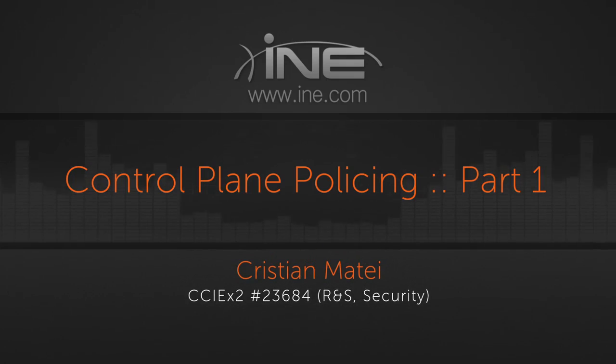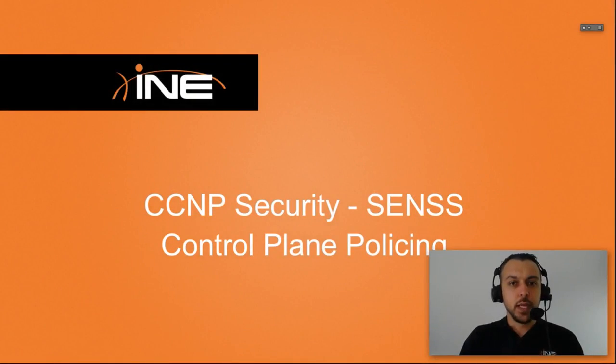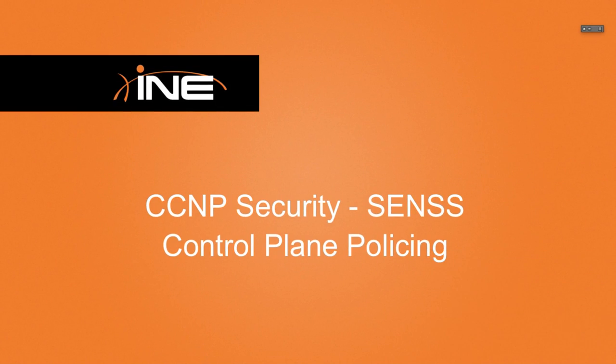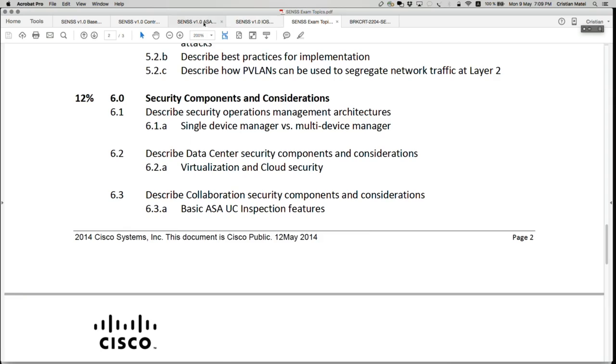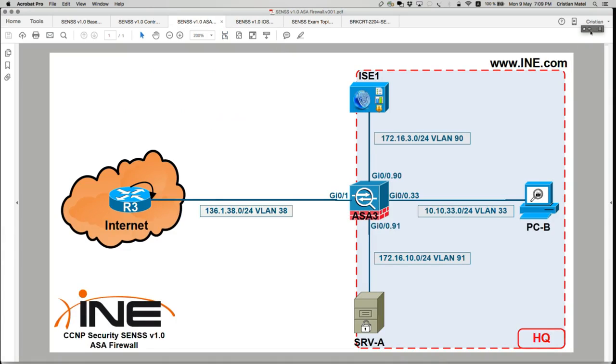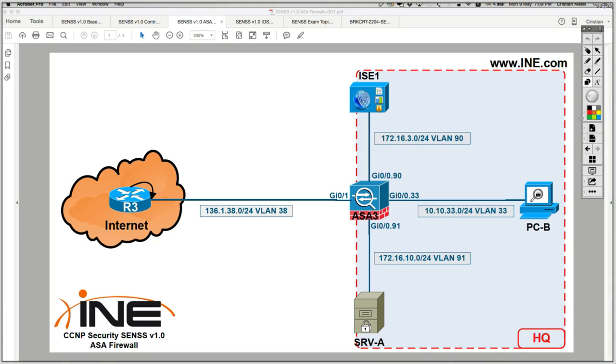Okay, welcome back. Next up is going to be control plane policing. Now, before we go to speaking about control plane policing, if we pick up a router, so let's draw in here a router. We split this into two.